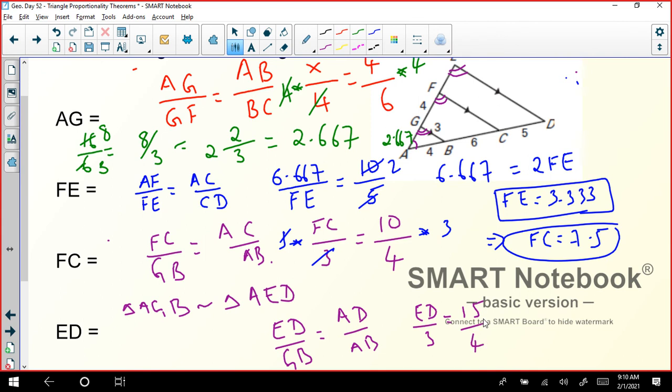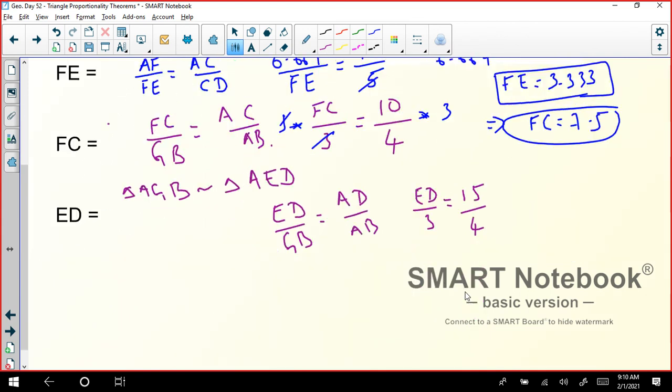Okay. Multiply by 3 on both sides. So 15 times 3 divided by 4 will be our final answer, and that will give us ED as 11.25. If you simplify, you should have ED as 11.25.